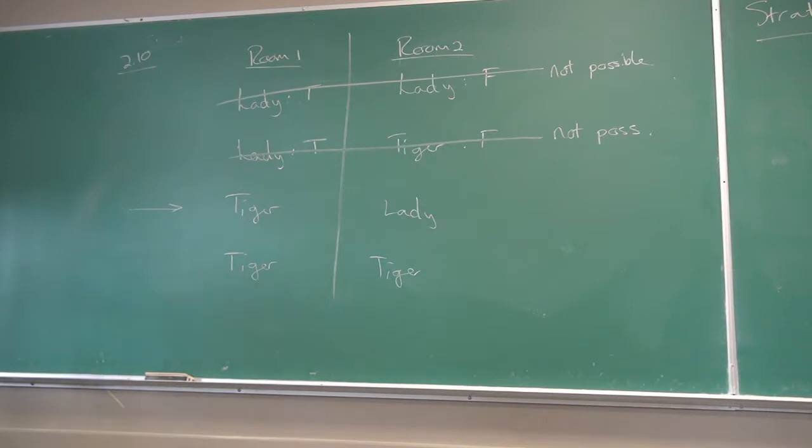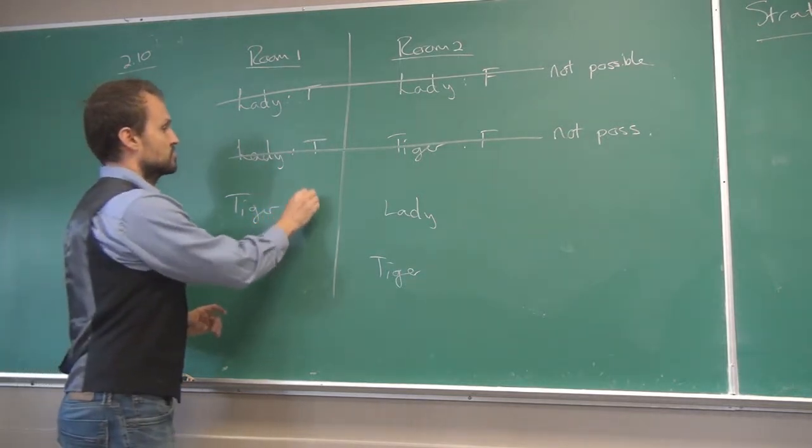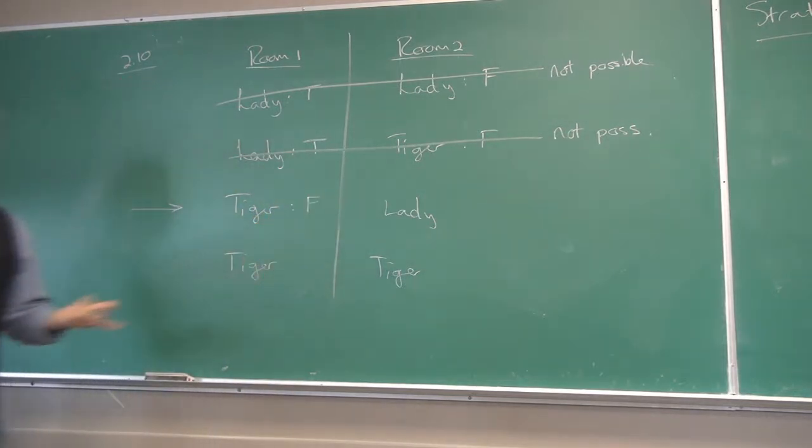Now I consider the third possibility, tiger lady. See what happens to each door, or what they say. Door 1, at least one of these rooms contains a lady. True or false? True. There's one or more ladies. Door 2, a tiger is in the other room.